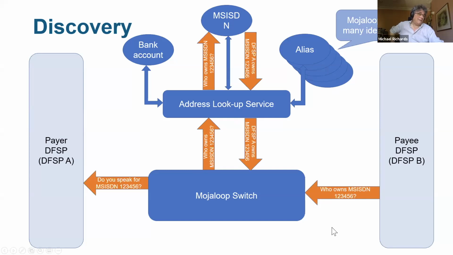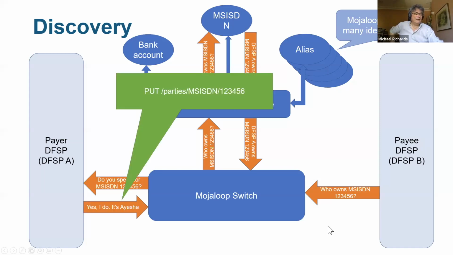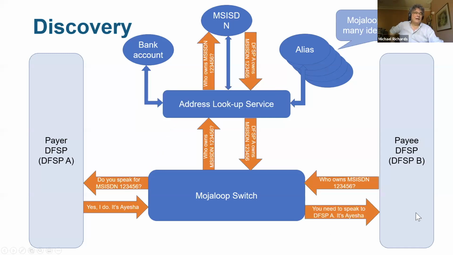And now my bank gets a message saying, do you recognize this phone number? It sends back and says, yes. And the merchant's DFSP gets a message back saying, you need to speak to this DFSP, DFSP A. And as usual, it has the customer's full name with it.